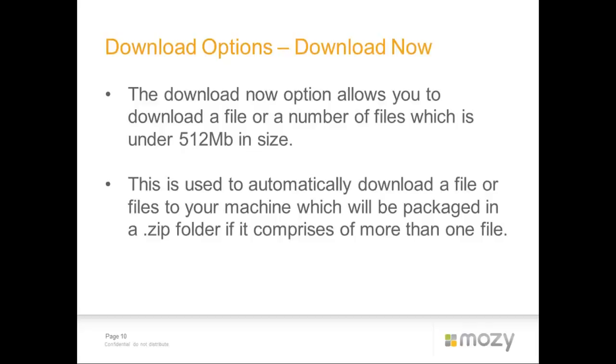So just to break down each option, the download now option allows you to download a file or a number of files as long as they're under 512 megabytes. It'll automatically download, so you select your 2 or 3 files or your folder, and you just hit the download now button, and it'll download straight in, and all those files will go into a zip folder for you.